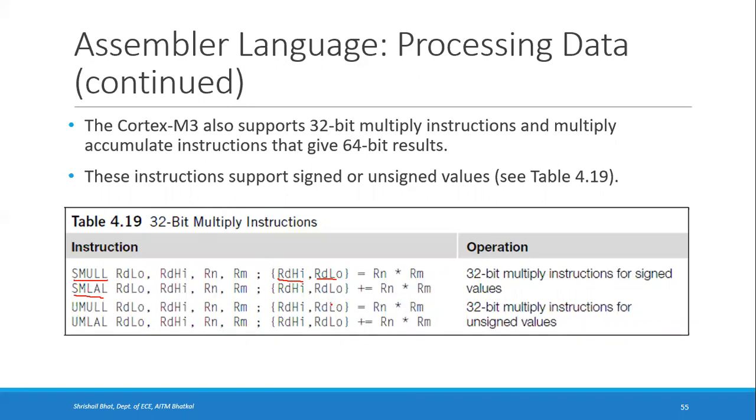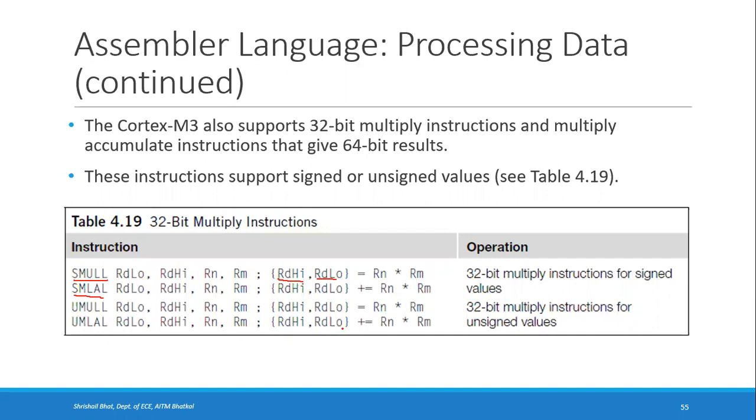They will already have some value, so you are adding the product to their initial values, shown here as plus equals. That means you are going to accumulate the result. The same thing applies for unsigned numbers.